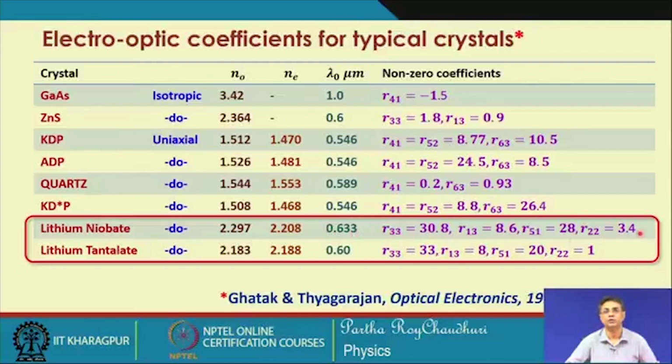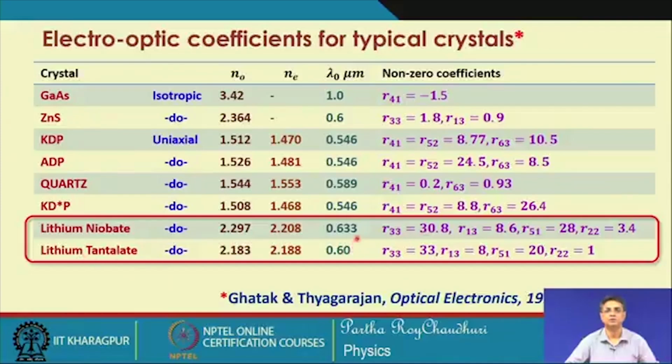These are the electro-optic coefficients. One can see that R33 and particularly R51 are very high numbers. As a result, we will see the effect is very strong in this case.